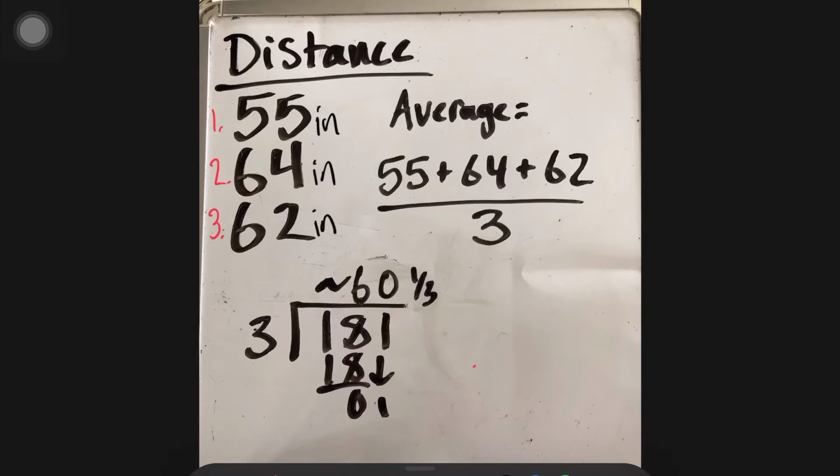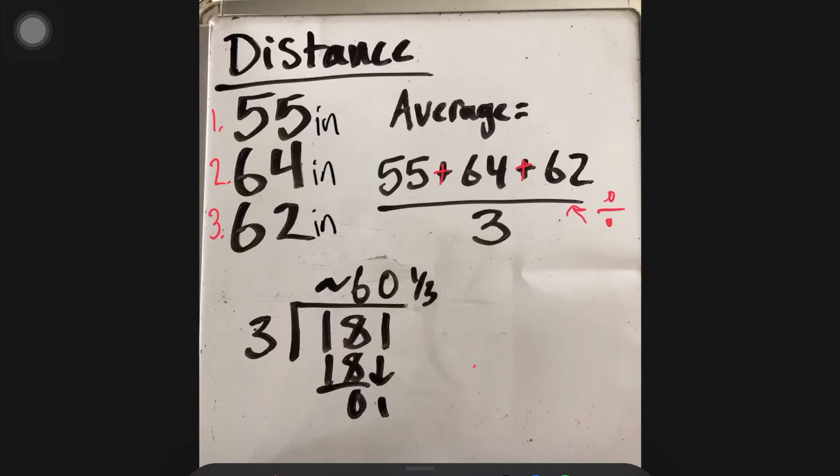And now what I'm going to do is take what's called the average. The average is sort of saying what number is in the middle of all 3. And so what we do to find the average is we add up all of the distances and then divide by the number of distances. Because there's 3 distances, we are dividing by 3.